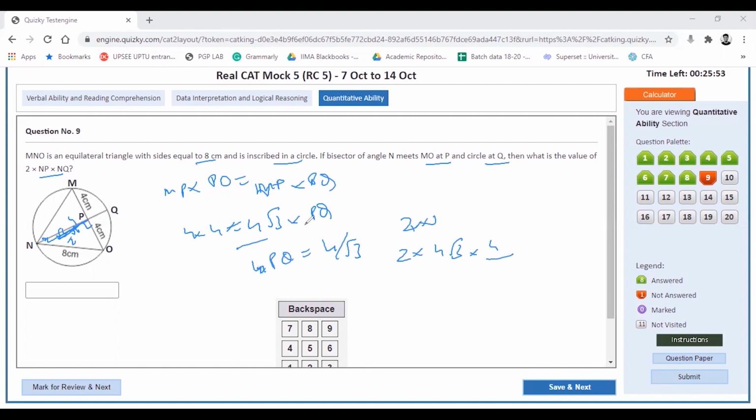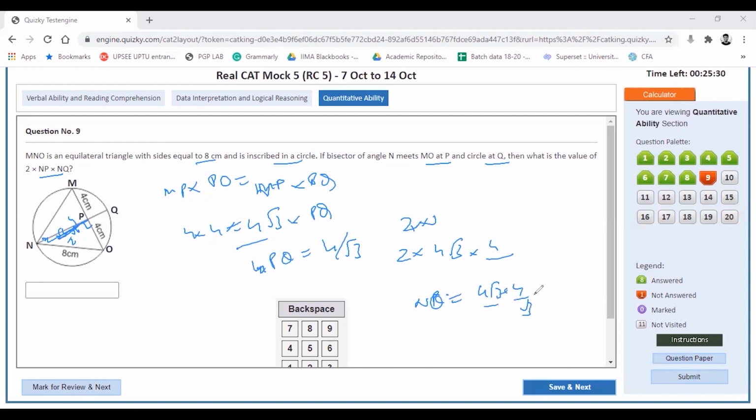I think I made a bit of a mistake here. I actually took the PQ length. I should have taken the NQ length. So okay, anyways, NQ is equal to 4 root 3 plus 4 by root 3.